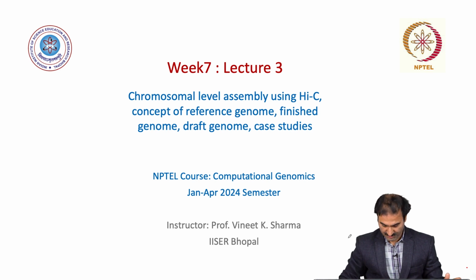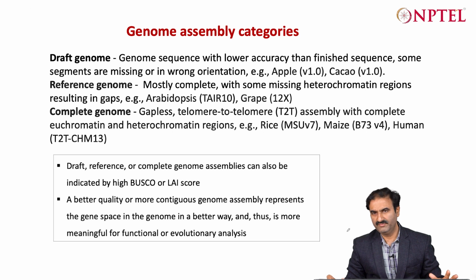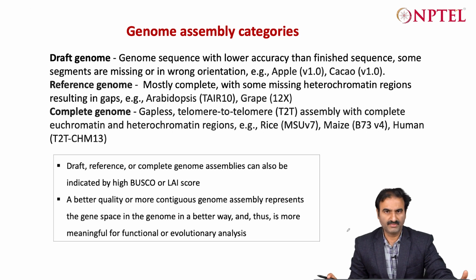Okay, so basically we have already discussed several times in this series of lectures that a draft genome is something where you have tried to assemble the genome, but still a lot of the genome, or a part of that genome, is missing. Then again, what kind of draft?